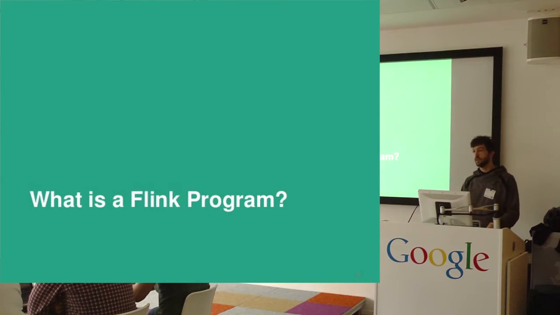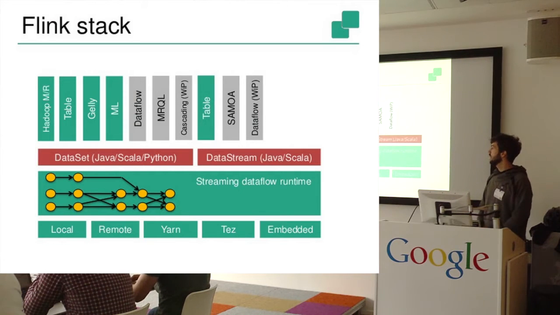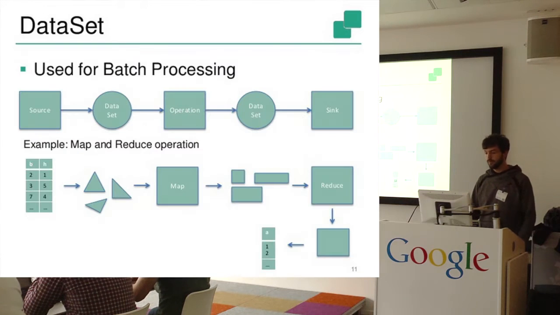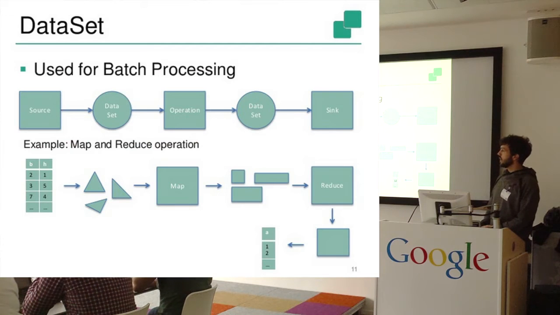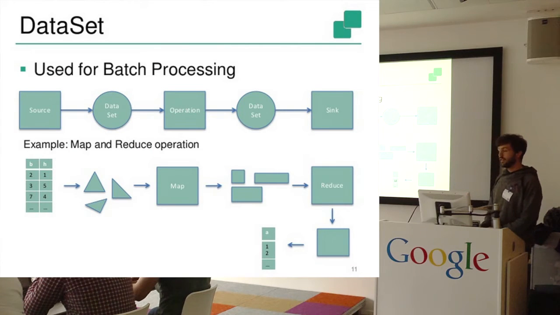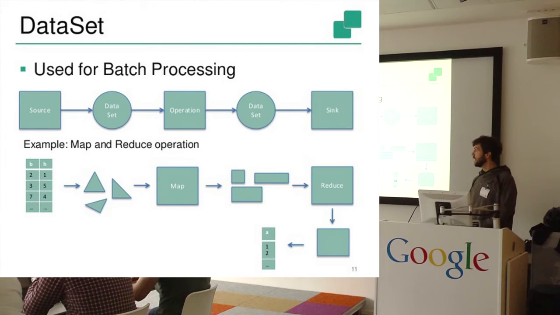Okay, so now we will see, after all the abstract talk, a little bit more of what you can do with Flink practically. Here we see the stack again, and we have the two APIs built on top of the runtime. The first API is the DataSet API, which you can use for batch processing.